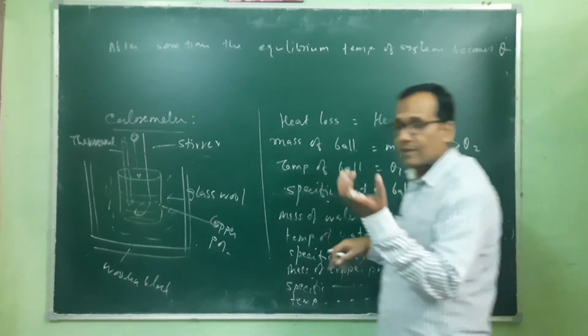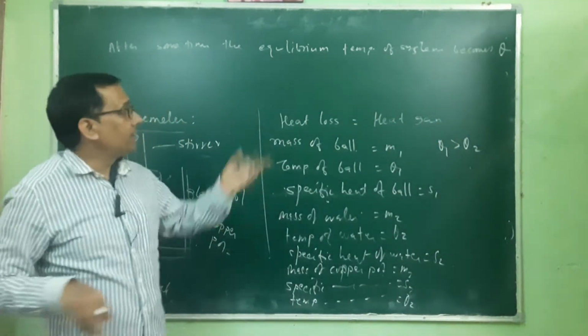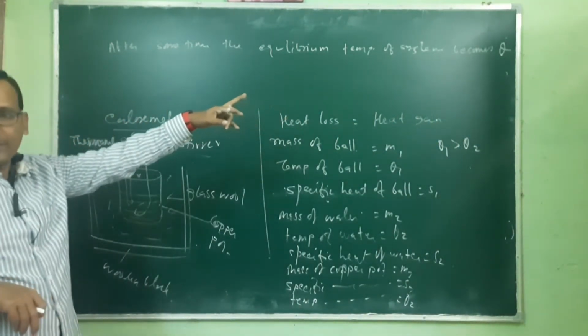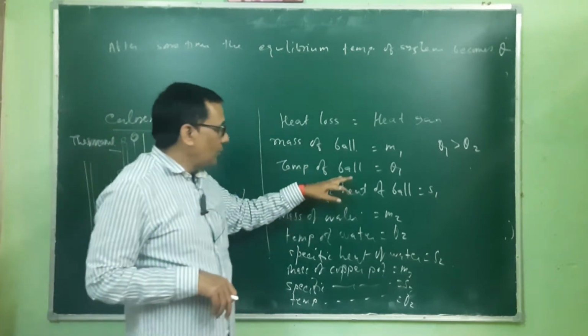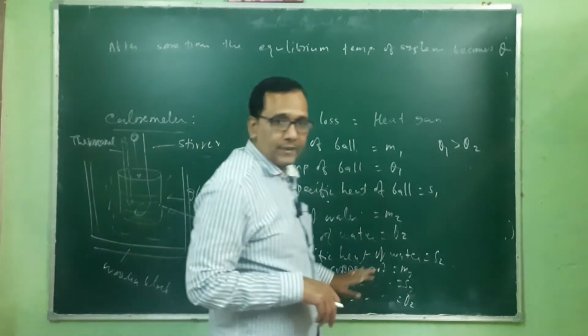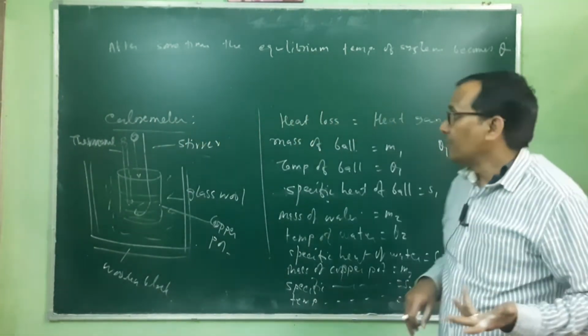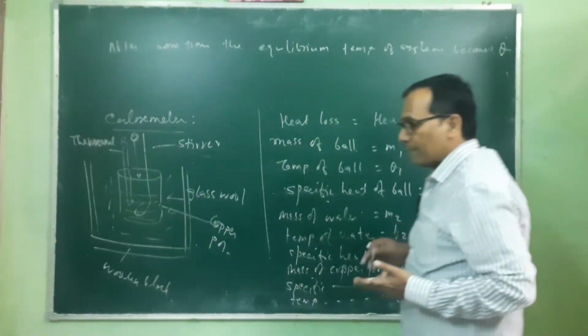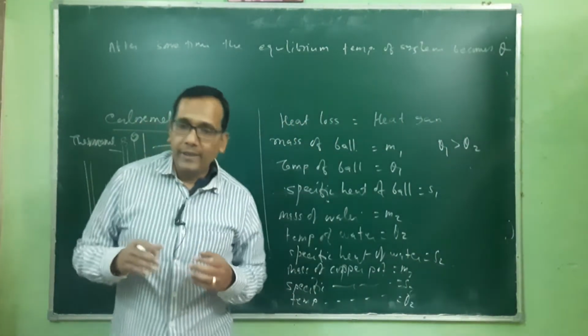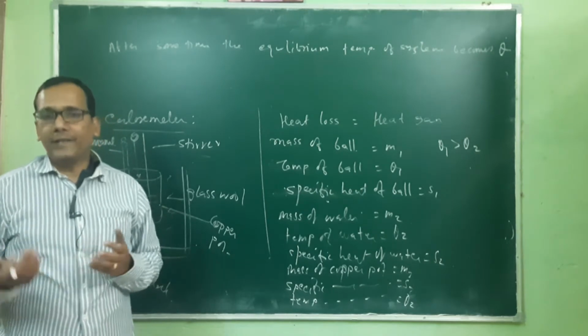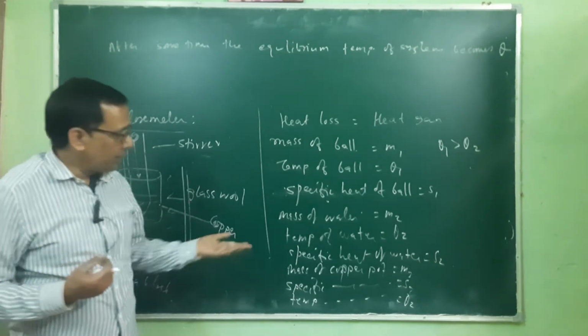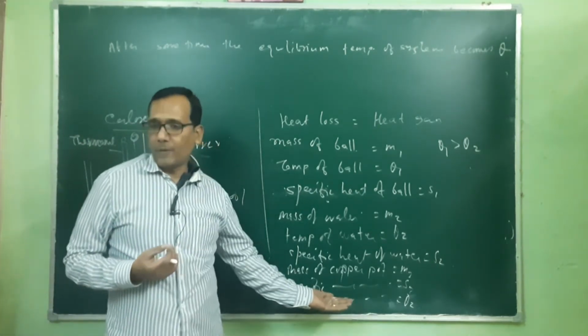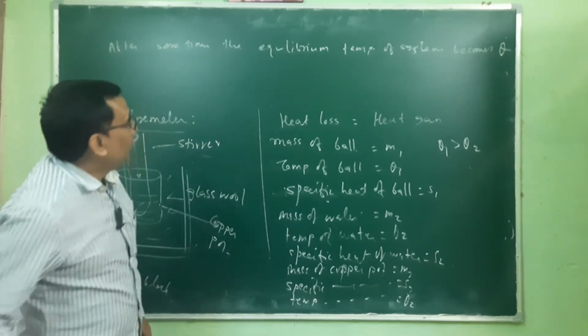The initial temperature of the ball is theta1 and its final temperature is theta, the equilibrium temperature. The initial temperature of the water as well as the copper part is theta2, and it converts into the equilibrium temperature theta. So here heat is given by the ball, and heat energy is taken by the water as well as the copper part.